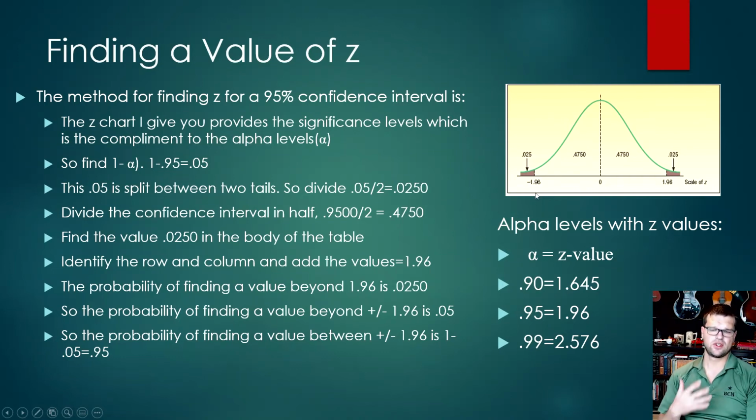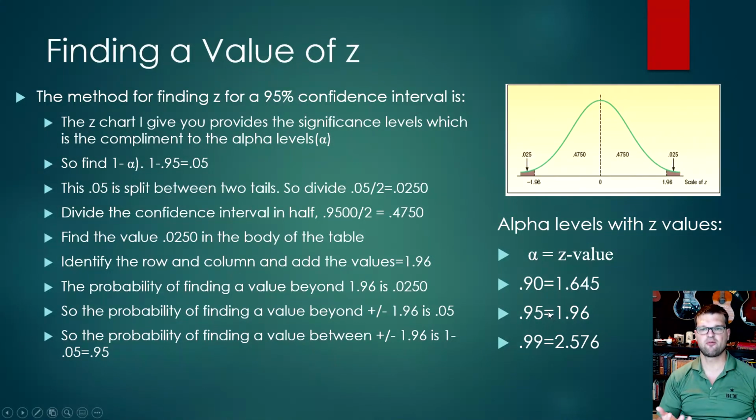In other words, in the previous unit we talked about the normal distribution: what is the z value that corresponds with 95% of the values?